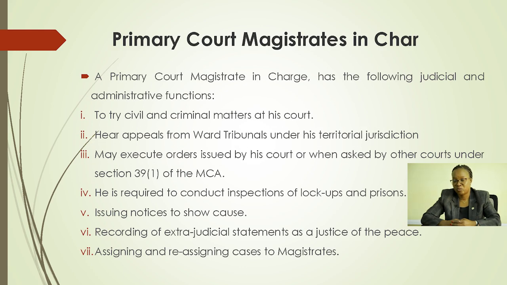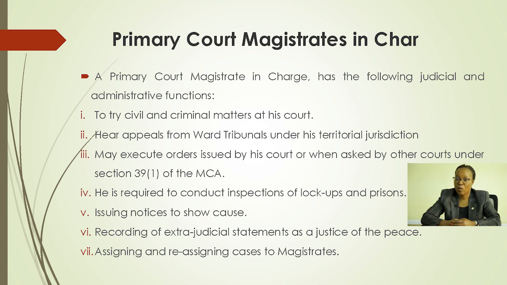Primary Court Magistrate in charge. A primary court magistrate in charge has the following judicial and administrative functions: to try civil and criminal matters at his court, to hear appeals from ward tribunals under his territorial jurisdiction. Also, he may execute orders issued by his court or when asked by other courts under Section 39, subsection 1 of the Magistrates' Courts Act.